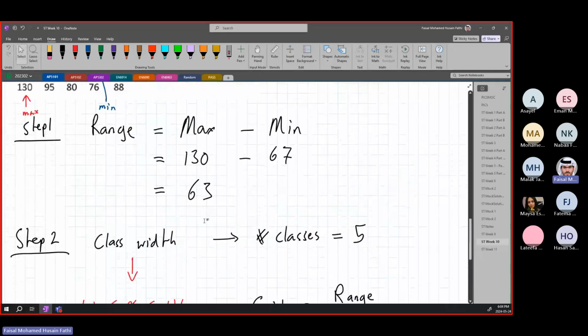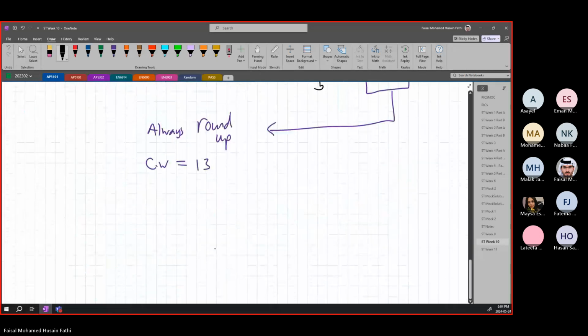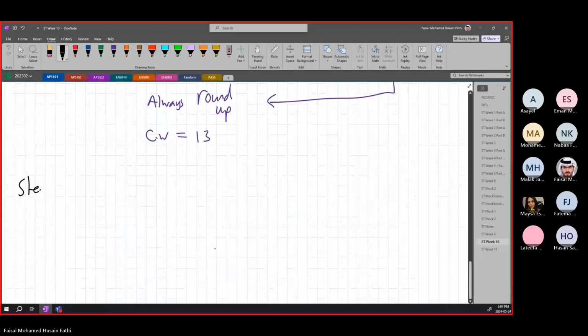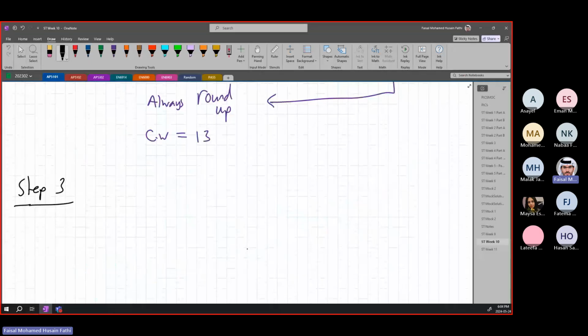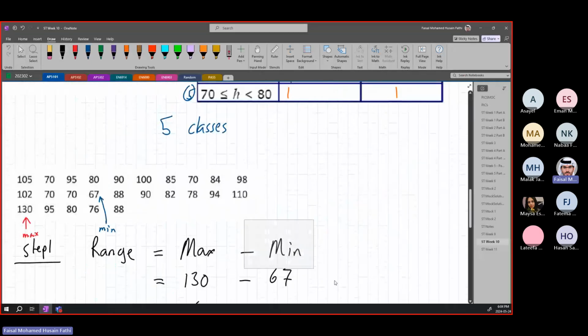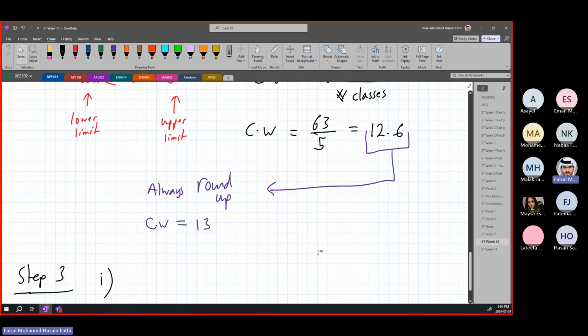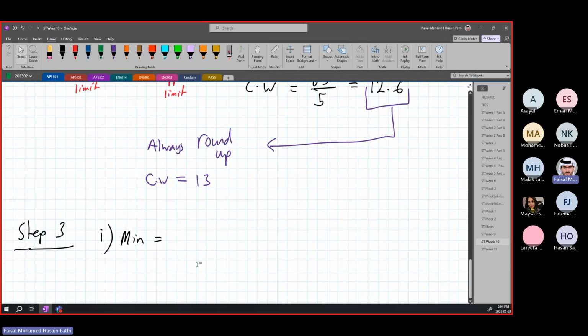Now, the last step, step 3, is choosing our actual lower and upper limit. To start with, we first have to define our minimum. So what is our minimum? We have to have a starting point. This is our minimum, which is 67.